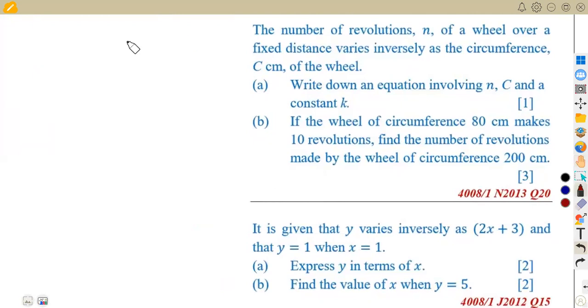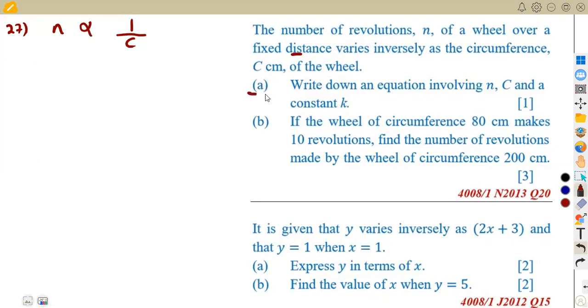Then on this other part, I do not know the number. I was no longer listing the numbers, but I think that was 27 or something. The number of revolutions N of a wheel over a fixed distance varies inversely as the circumference C. So we are given that N varies inversely, 1 over C, which is the circumference in centimeters.